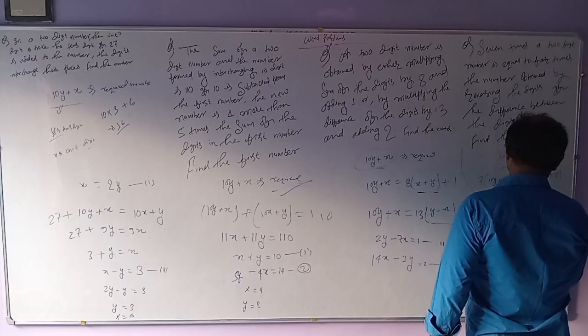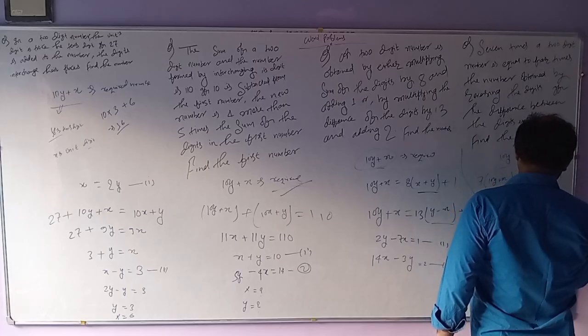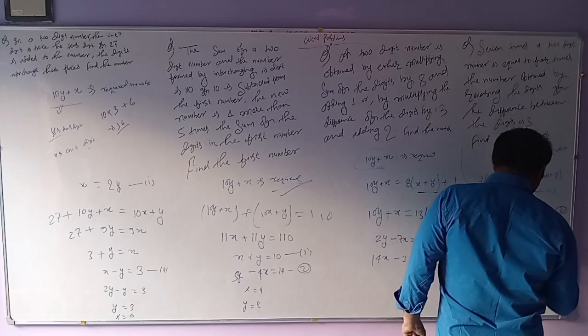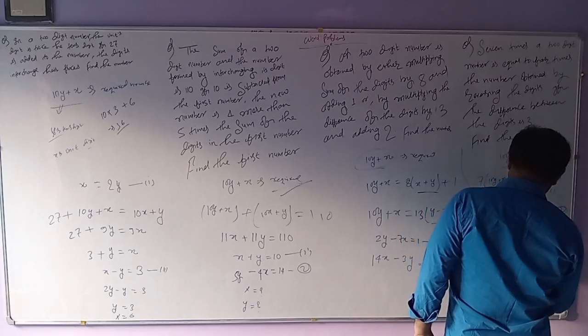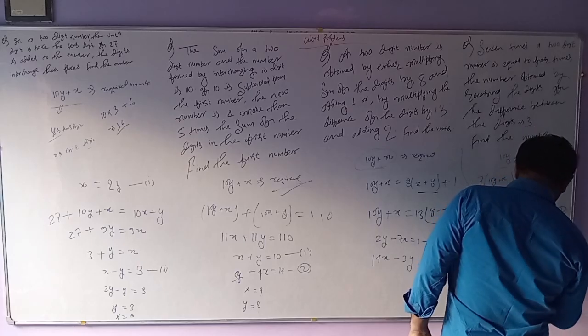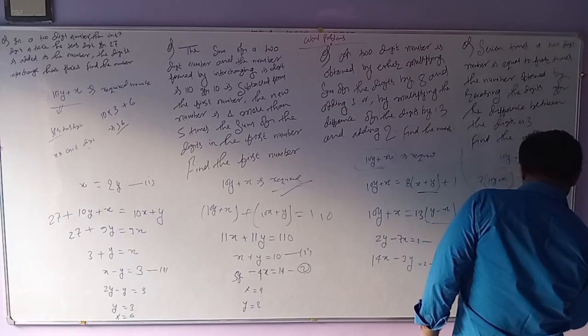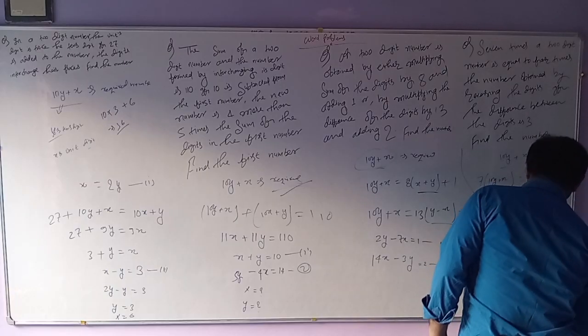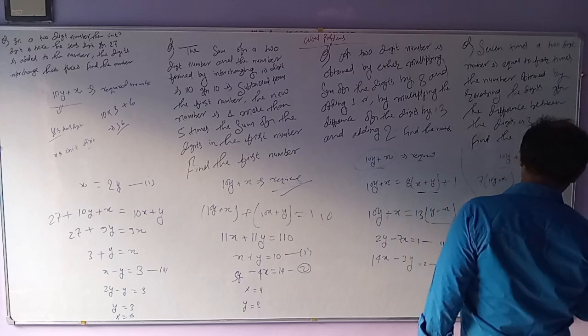We get this as the first equation. When we put the value of x in the second equation, we definitely get y equal to 3, and x becomes 6. So the required number becomes 36.